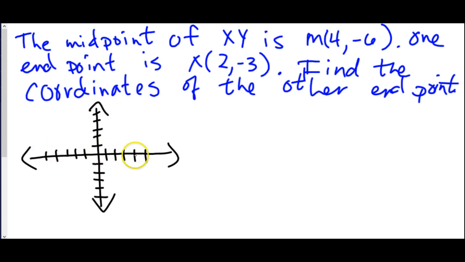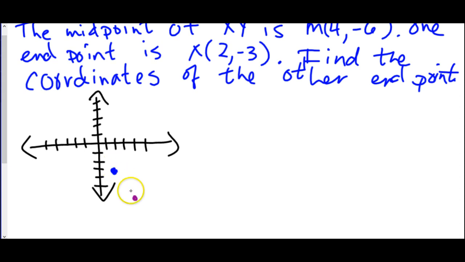Then we had a coordinate 2, negative 3. Because that purple dot is the midpoint, it's halfway, the other endpoint should be somewhere in that direction.